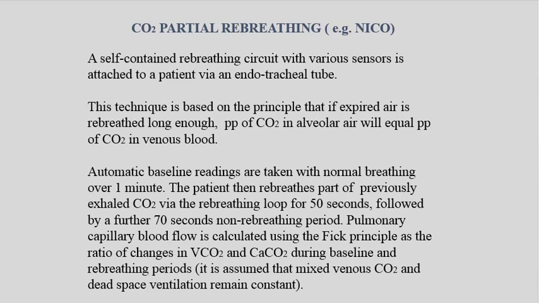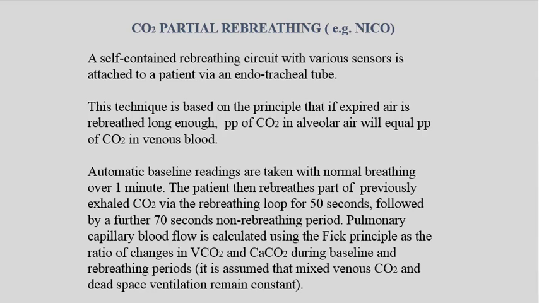Pulmonary capillary blood flow, meaning cardiac output, is calculated using the FIC principle. And instead of using oxygen as the indicator, here we're using CO2 as the indicator. And instead of using an arterial oxygen content, we're using VCO2 and arterial content of carbon dioxide.